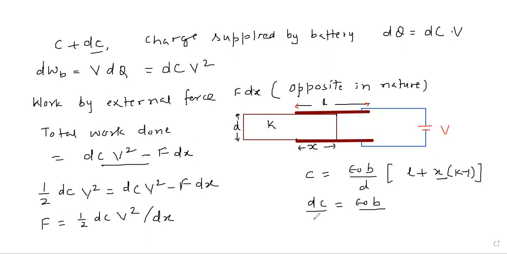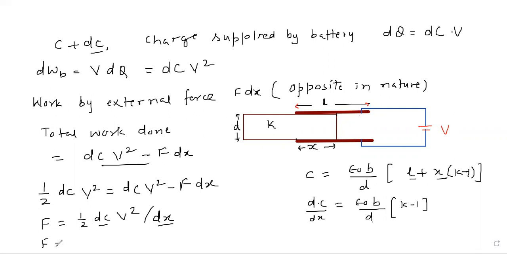So let's find dC upon dx. Epsilon naught B upon D times this L will become 0 and x will become 1. So K minus 1 will be left. So we have got dC upon dx, and we can put this value, epsilon naught B upon D times K minus 1.